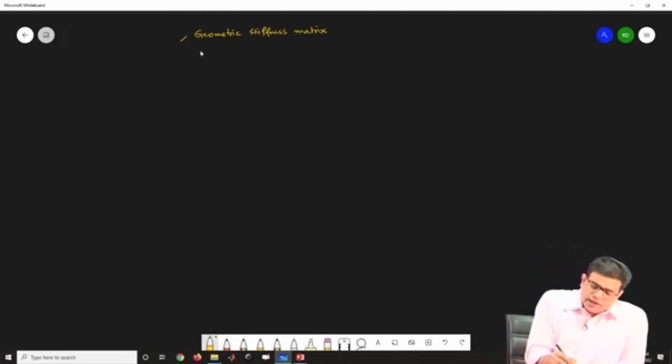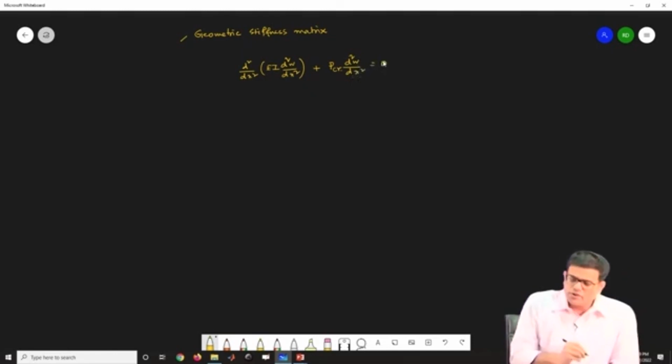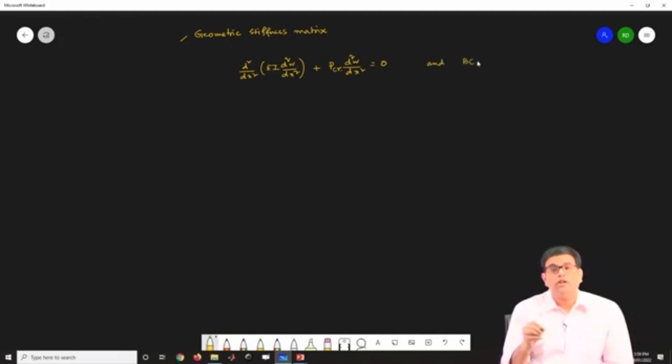So, here the basic governing differential equation for this is d2/dx2 of EI d2w/dx2, that is the bending part, plus P critical, that is the critical buckling load, d2w/dx2, equals 0 and appropriate boundary conditions. The boundary condition will also have a force term that we have seen in the last class.